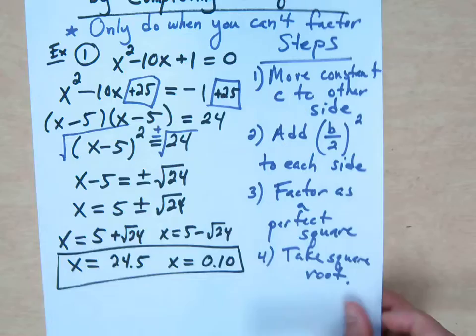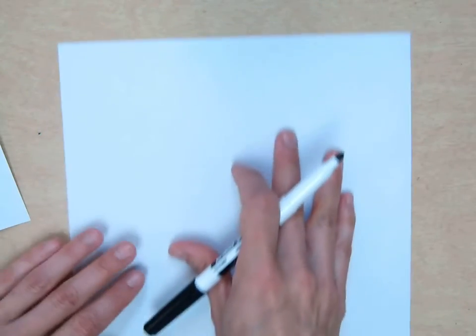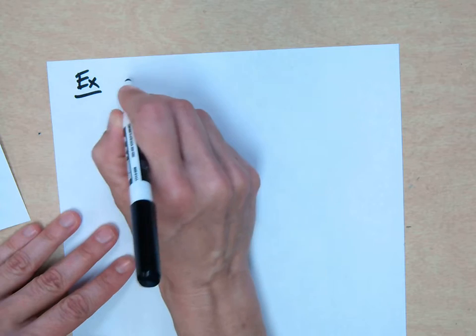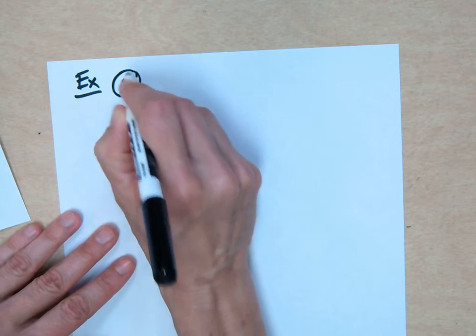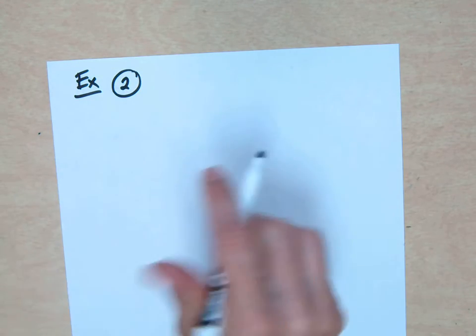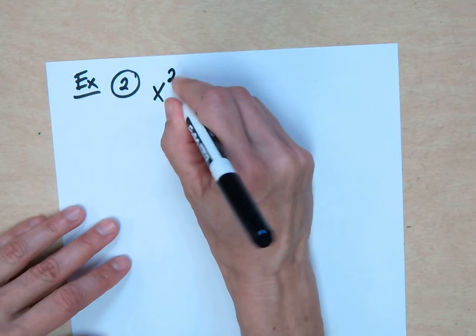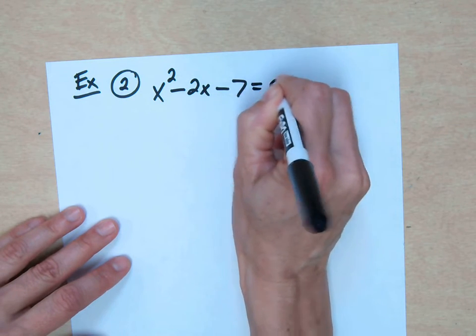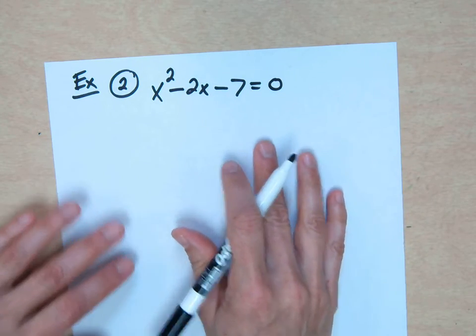I'm going to do one more. So example 2, I'm going to show you one more time. Let's say we have x squared minus 2x minus 7 equals 0. I'm going to go through the steps.